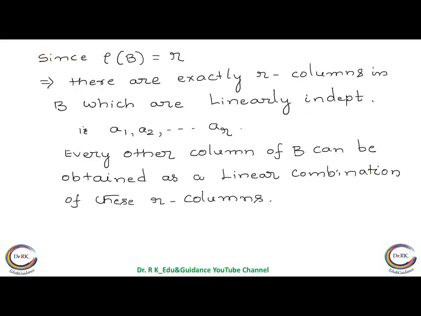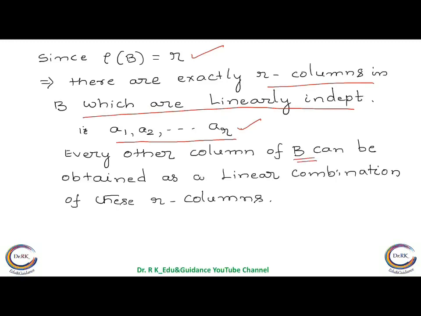Since rank of B equals R, there are exactly R columns in B which are linearly independent. So similar to the previous discussion, every other column of B can be obtained as a linear combination of these R columns, A1, A2, so on, AR.